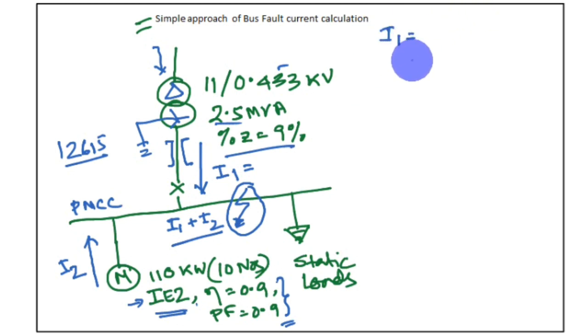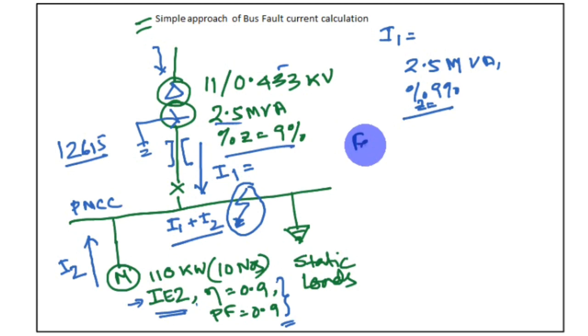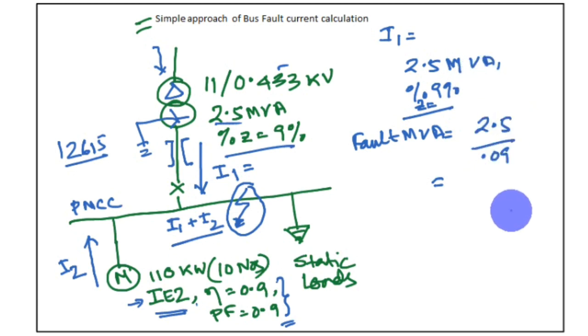Our transformer is 2.5 MVA and percentage impedance is 9%, so our fault MVA will be 2.5 by 0.09, which is around 27.77 MVA.